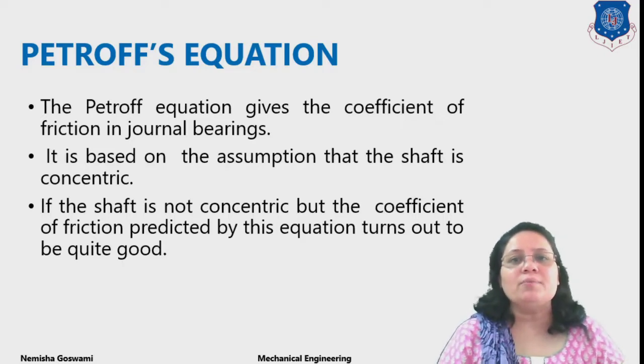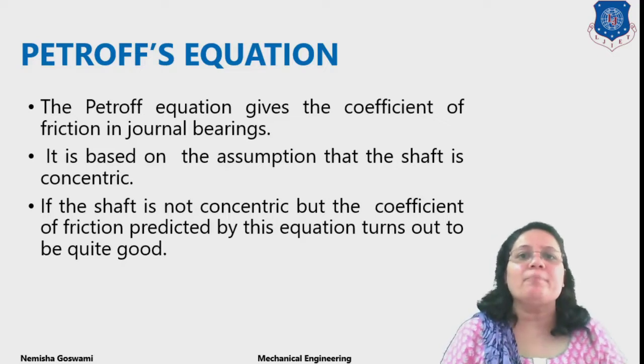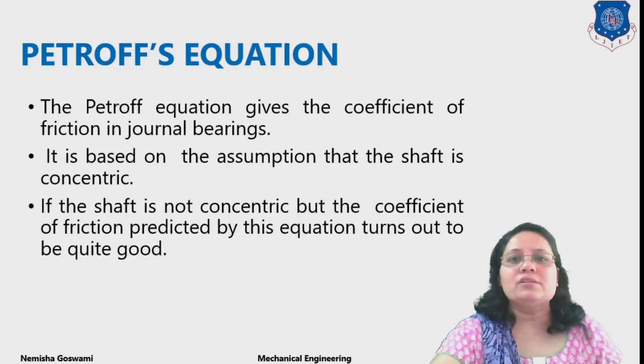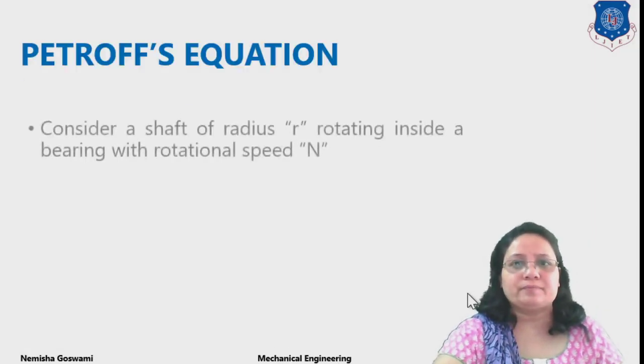If this is not possible, for example if the shaft is not concentric, then the coefficient of friction obtained from the Petrov equation still gives good results.